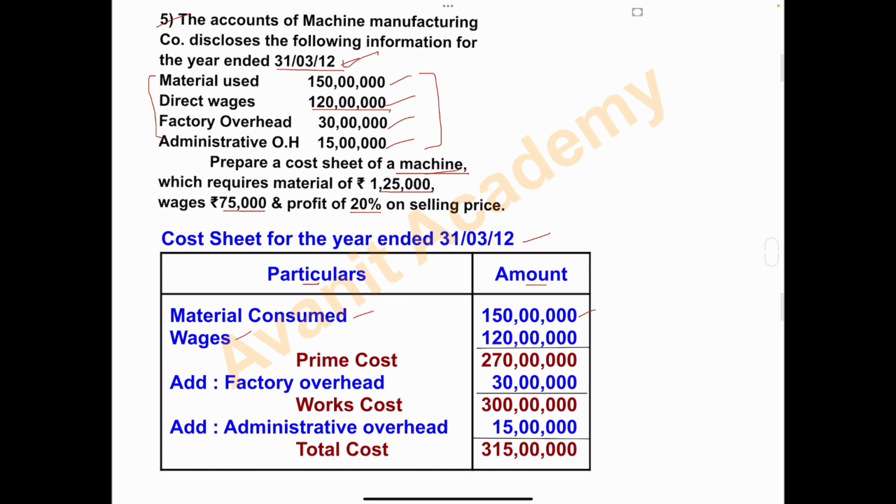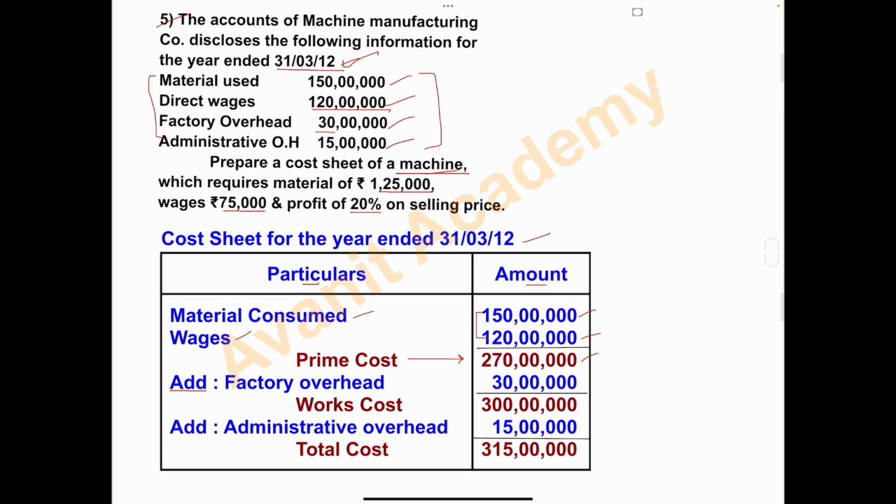Add these two amounts, and the total will be 270 lakhs. This is called prime cost. The total of material consumed and wages is called prime cost. Next, we have to take factory overhead. Add factory overhead. The factory overhead amount is 30 lakhs.